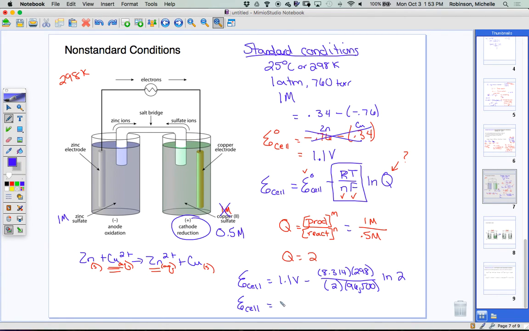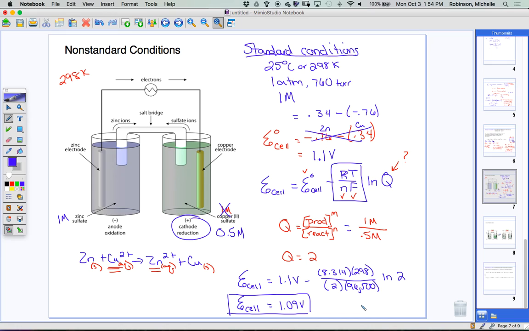All right, somebody else got 1.09? Yeah, that's right. A couple of people got that, so that must be right. Order of operations matters. There we go.